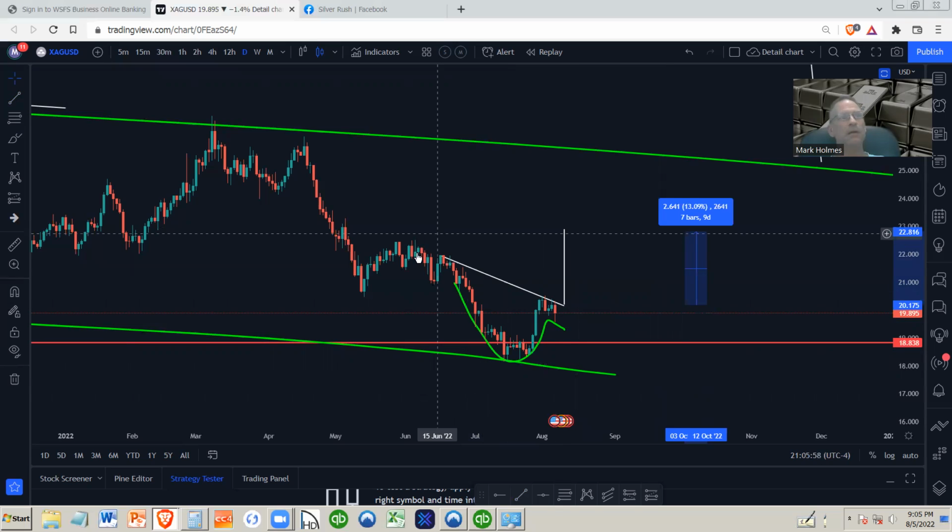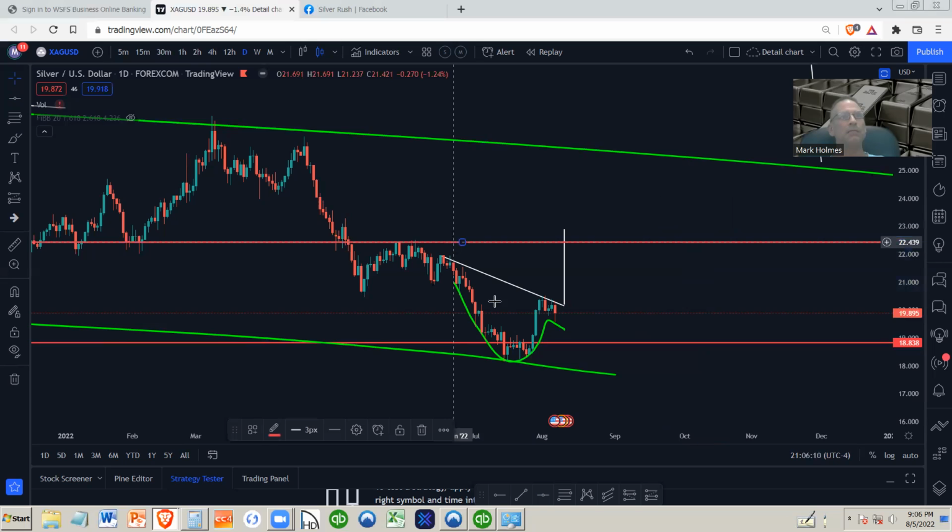Now, another thing to look out for: we've got another support and resistance zone up in this area.